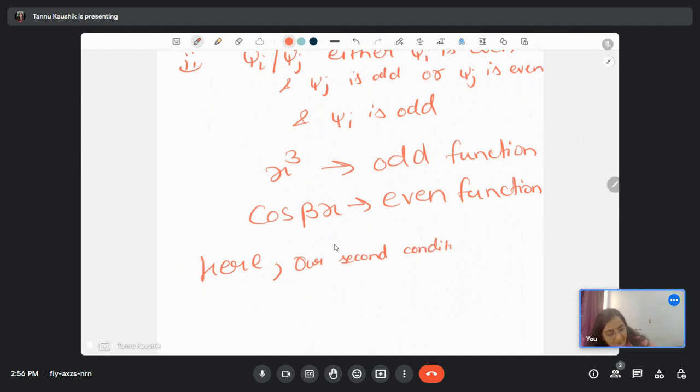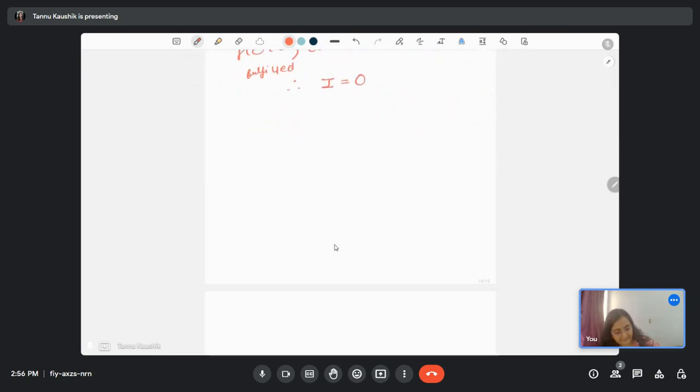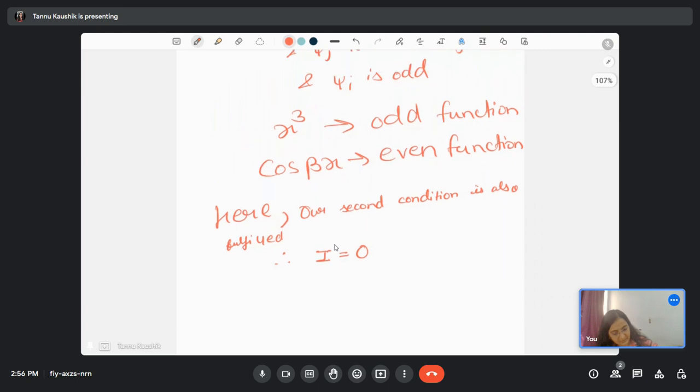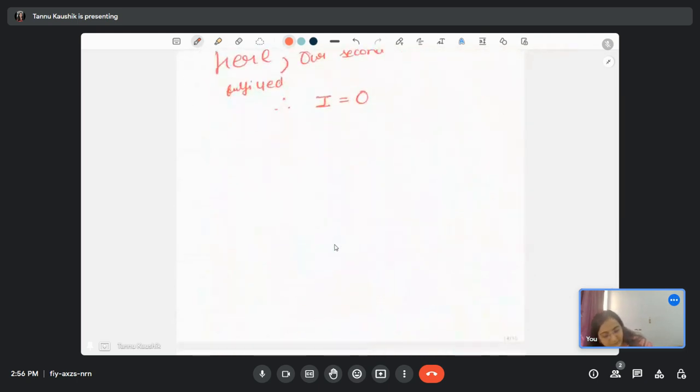So here our second condition is also fulfilled. Therefore, here this transition dipole moment integral I is equal to 0.